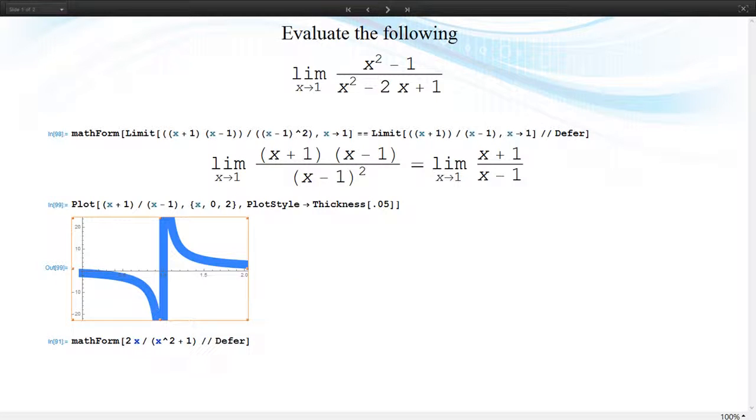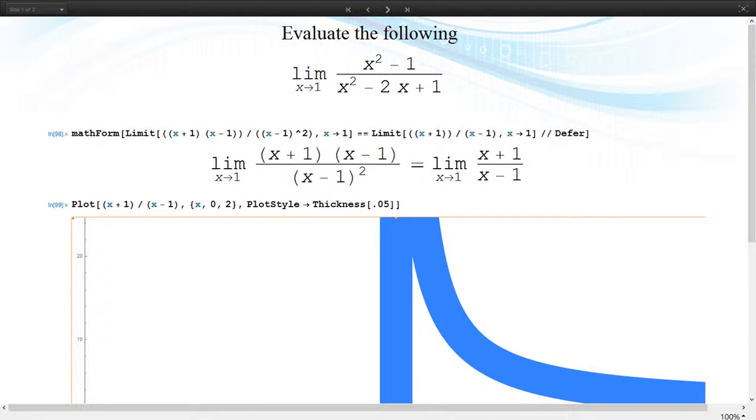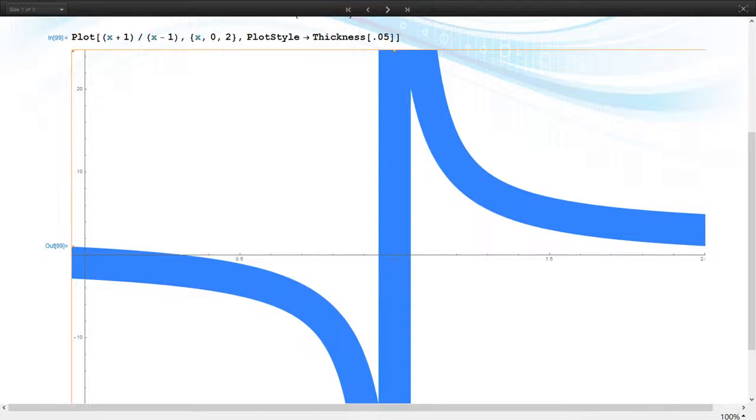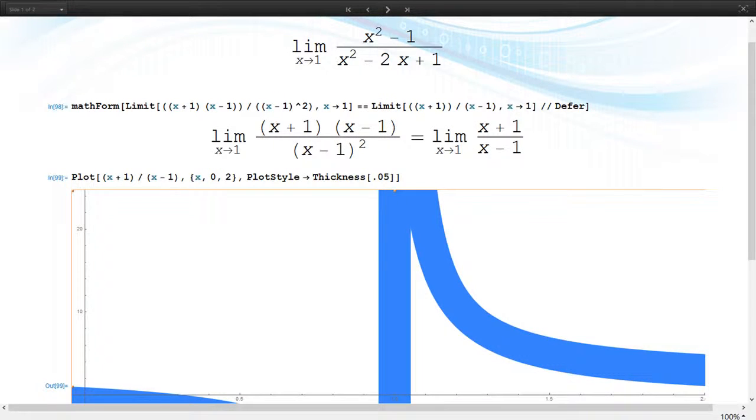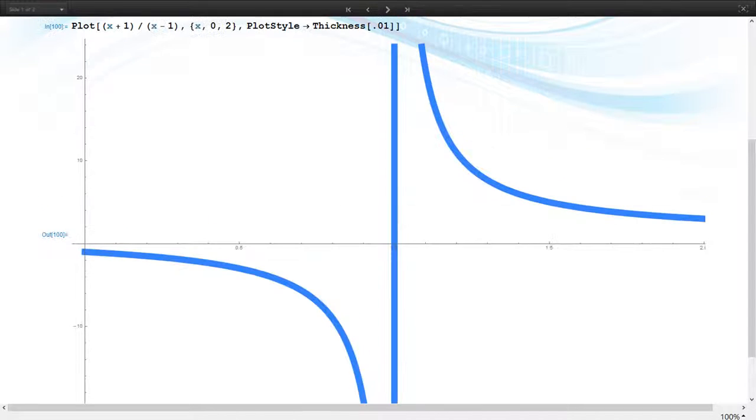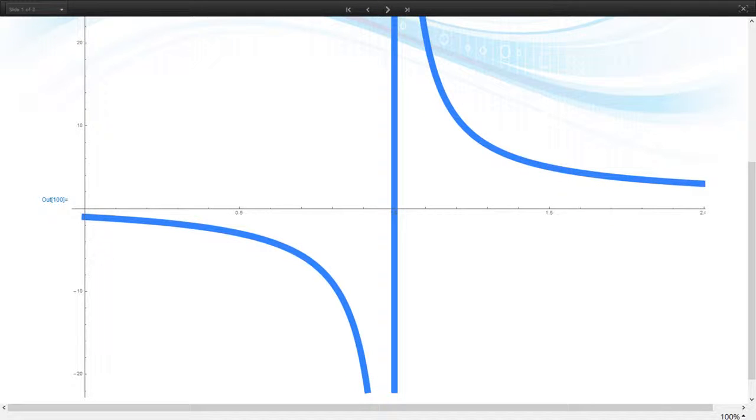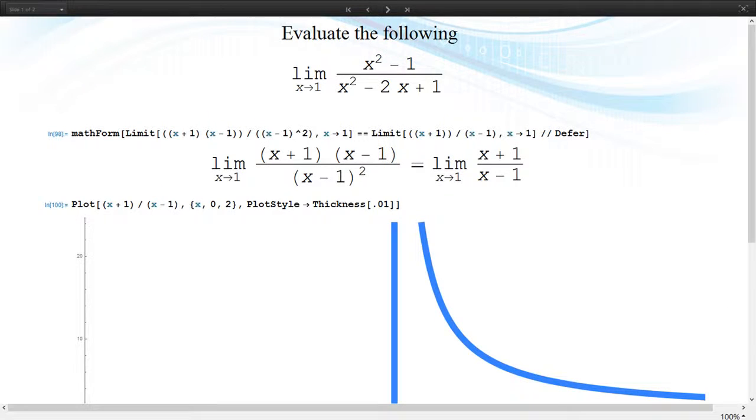Maybe a little bit thicker than we needed, but that's fine. There we go. That's probably the right size. Notice how we go up to infinity on the right, and we go down to negative infinity on the left. So this limit doesn't exist.